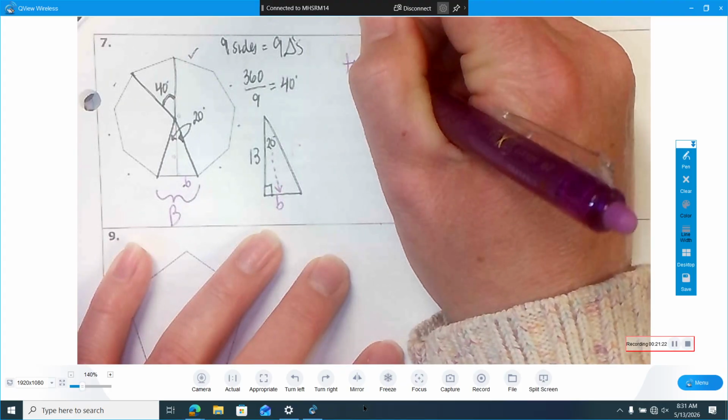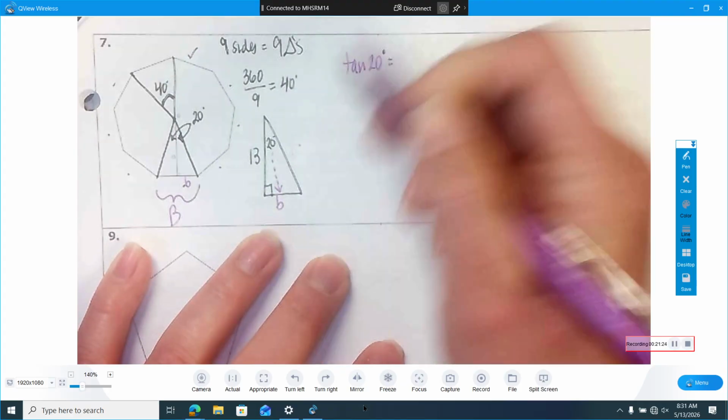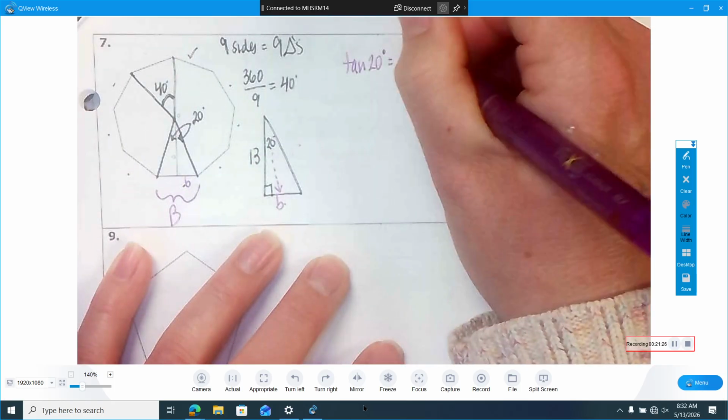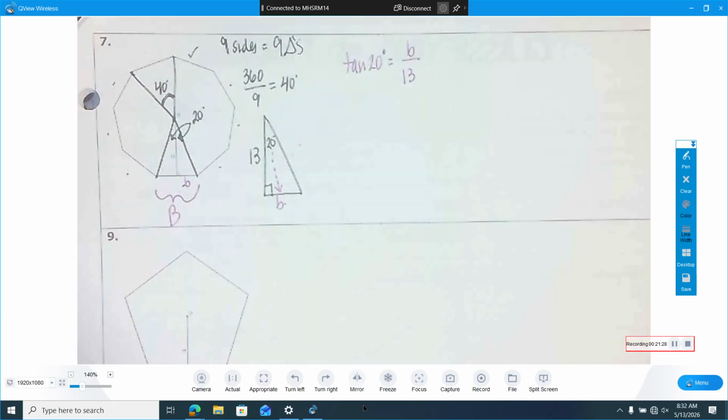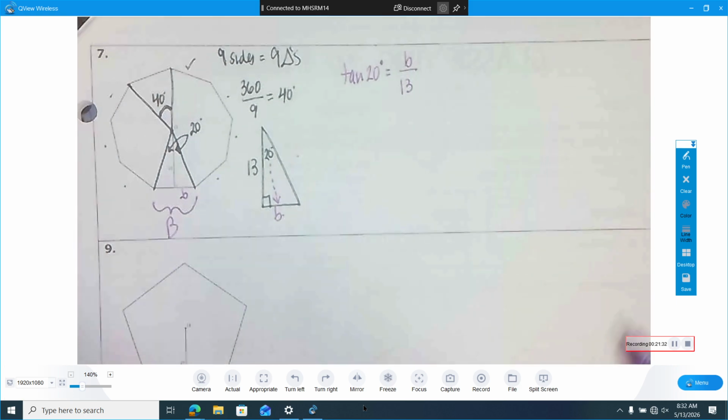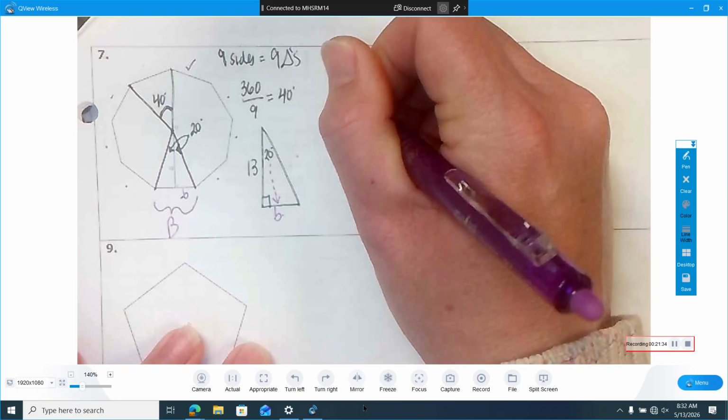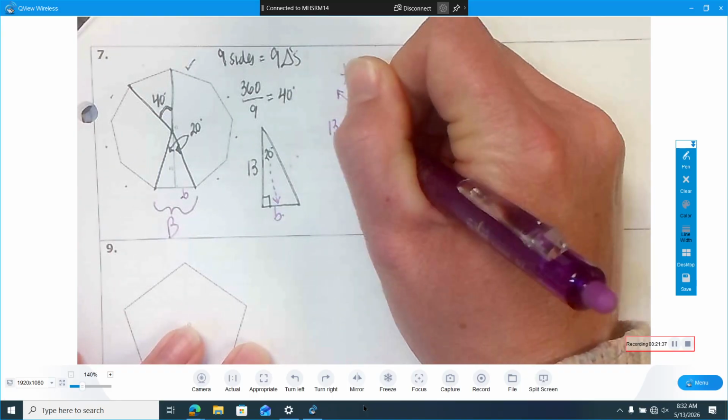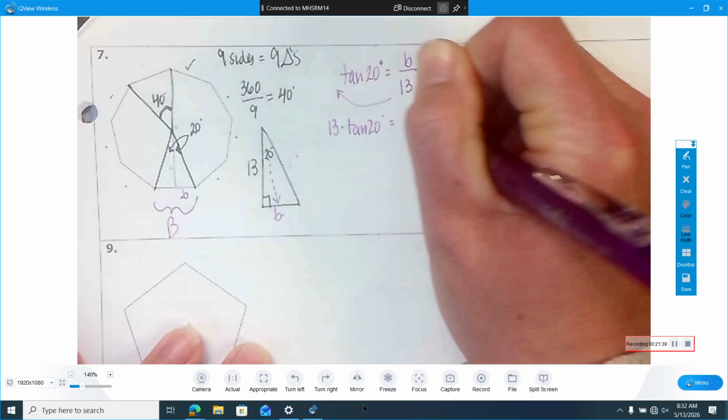So tangent of my 20-degree angle is opposite over adjacent. So b over 13. All right, and how do I get b by itself? Times by 13. 13 times the tangent of 20 degrees equals little b.